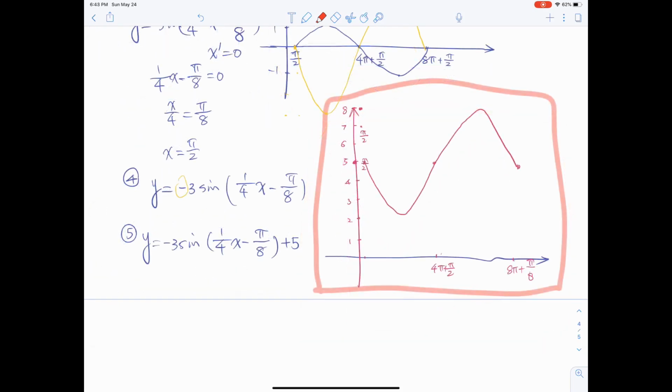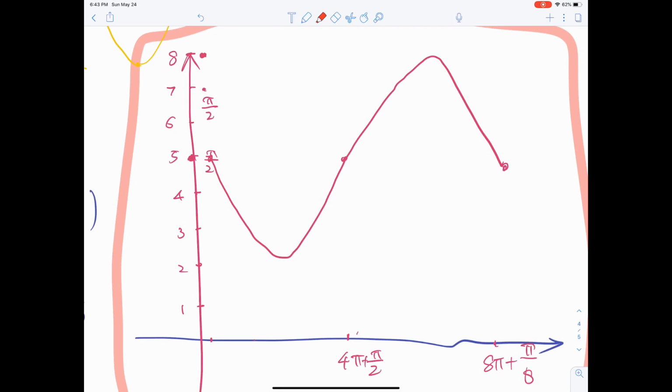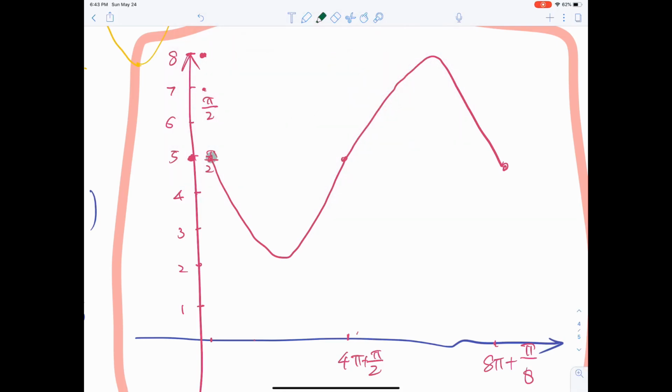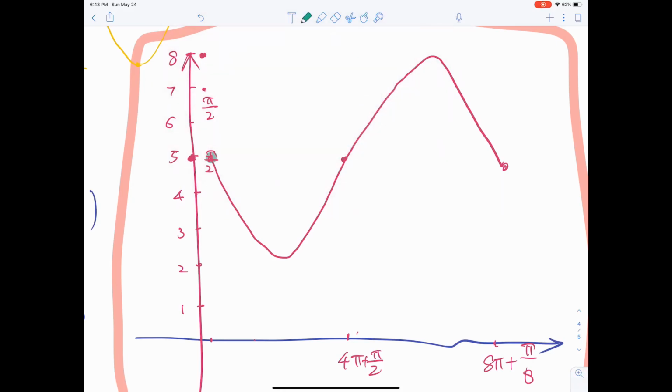Okay, to prove if our graph is right, we need to figure out these critical points. I use a green one to write. It starts when x equals pi over 2, y value will be 5.